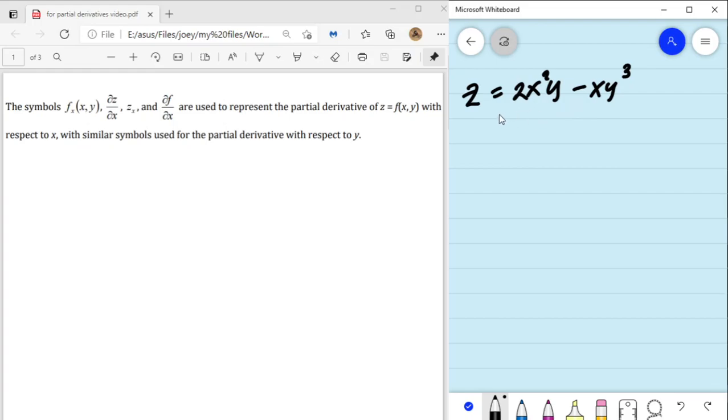So we can apply the process of finding the derivative of z with respect to one of the independent variables at a time. That is why we call it partial derivative.